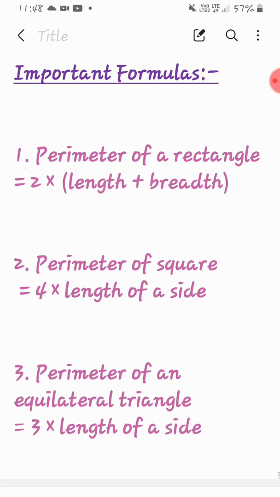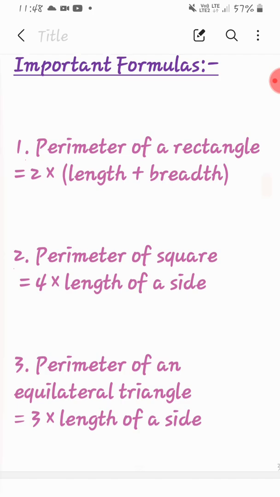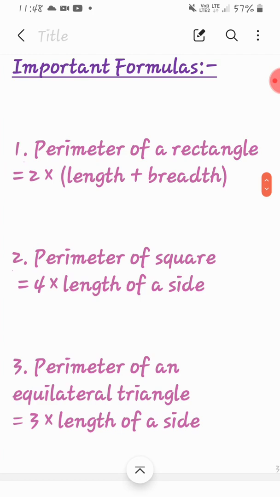Since 4 sides are there in a square and that are all equal, so multiply that one side by 4. Suppose 5 centimeter each side of the square is there and you are going to find out the perimeter, then 4 into 5, 20 centimeter will be your answer. You can also do 5 plus 5 plus 5 plus 5, then also you are going to get 20. But the short way is 4, since 4 sides, 4 into 5.